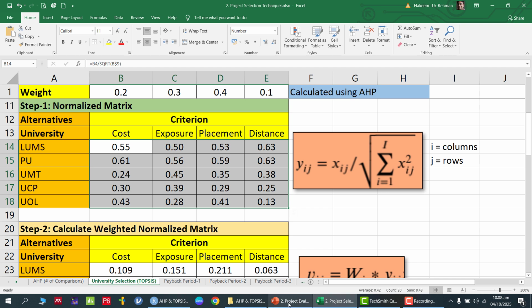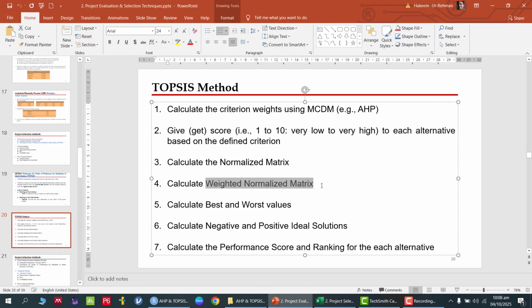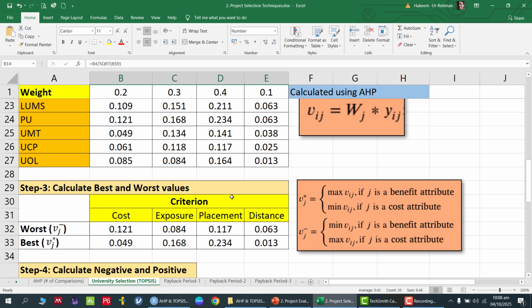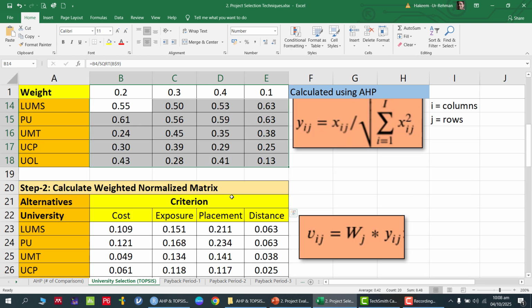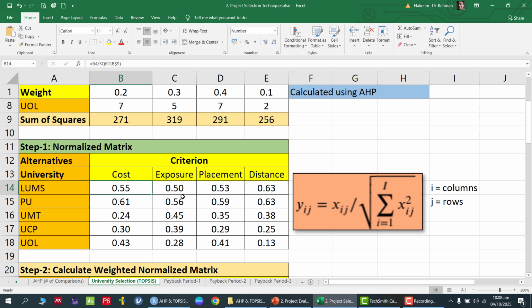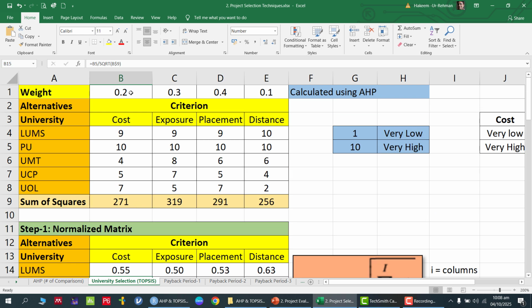Once we have calculated the normalized matrix, now we are going to calculate the weighted normalized matrix. So the second step: what is the weighted normalized matrix? These are the Yij values. Now we are going to multiply them with these weights.